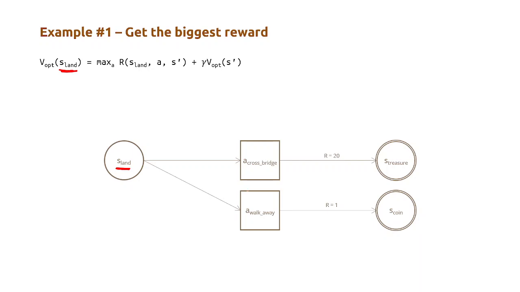We have two actions here, cross bridge and walk away, and then S prime. The S prime of cross bridge is S treasure. The S prime of walk away is S coin. Plus our discount factor multiplied by the optimal value of S prime.